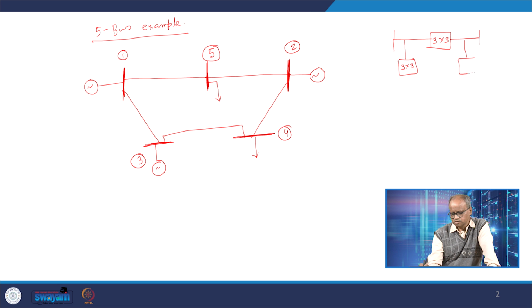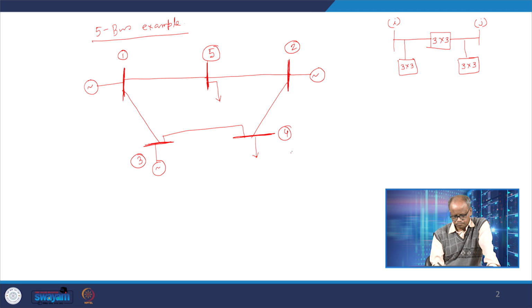So every line is represented by its equivalent 3 cross 3 series impedance matrix, along with two 3 cross 3 shunt admittance matrices at its two sides.